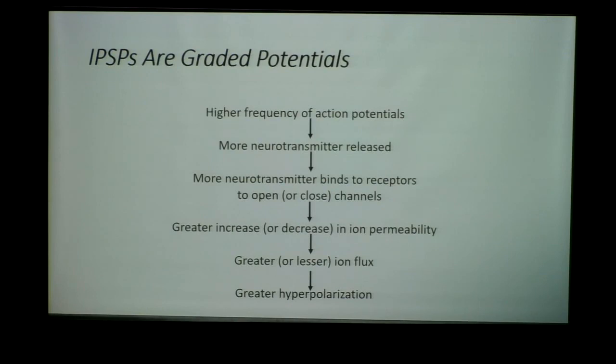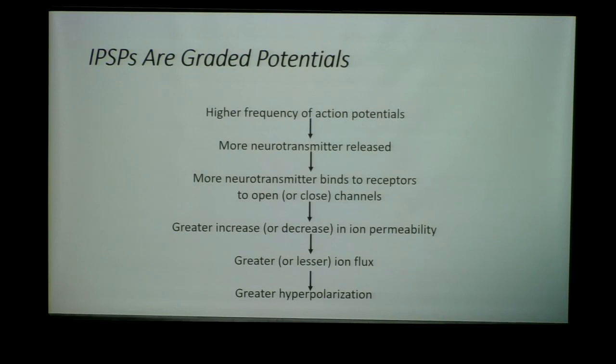And so the way that we grade action potentials is playing around with the frequency. We talked about that before. So a higher frequency of action potential translates to more neurotransmitter. Higher frequency of action potentials can be signaled by a supra-threshold stimulus. So we talked about these different types of stimuli, a supra-threshold stimulus versus a sub-threshold stimulus.